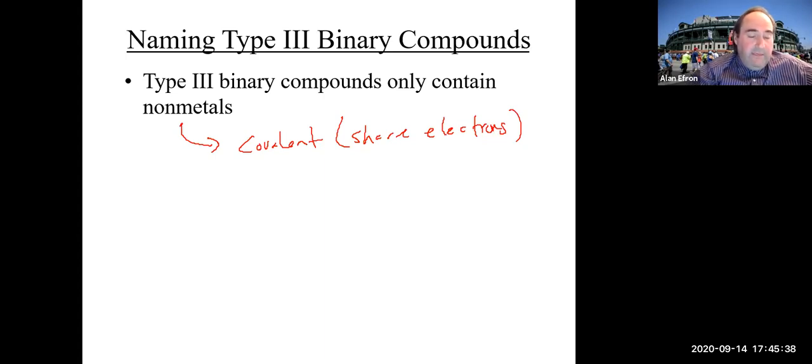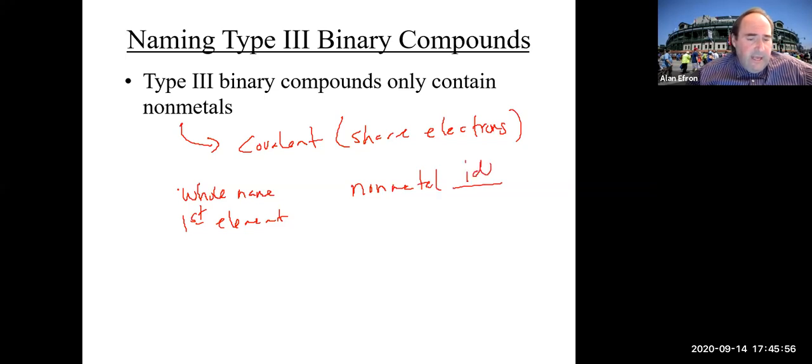So when we name these, we name it kind of similarly. We use the whole name of the first element in the formula. We also use the second name like a normal nonmetal, which means it drops the last part and gets an IDE. And the difference here is we actually do use some prefixes when we go to name these.